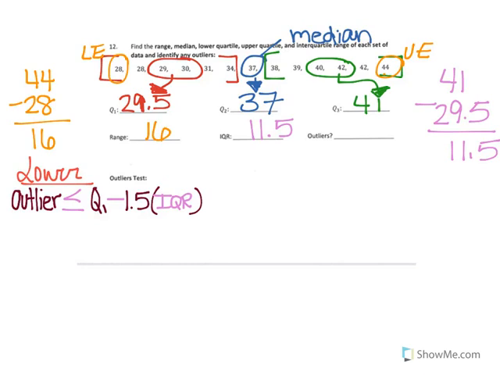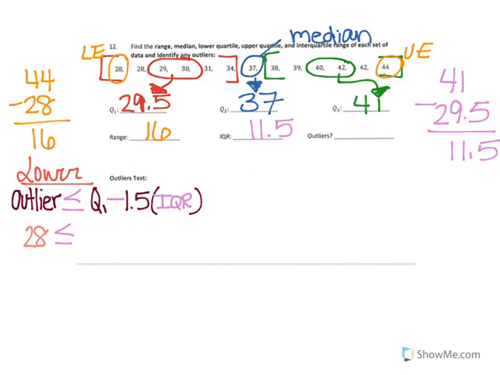So as usual, we'll start with our lower outliers test, and that's going to be that we'll have an outlier if that number is less than or equal to Q1 minus 1.5 times our interquartile range. Now we're just going to plug in the numbers. So the outlier that we're testing is our smallest number in our list, 28.